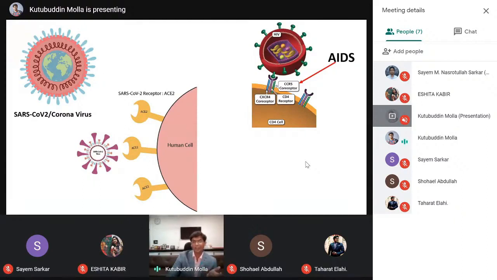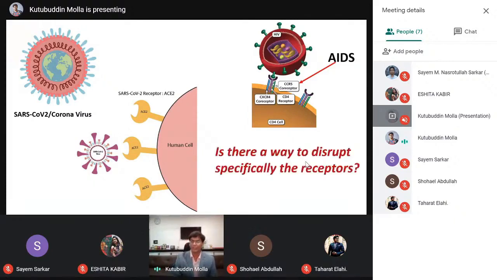Suppose we had some mechanism to specifically reduce the number of those proteins in our human cells, or maybe just eliminate those proteins. But is there any specific mechanism? So the question is: is there a way to specifically disrupt those receptor proteins that are utilized by those viruses to infect the human cell?